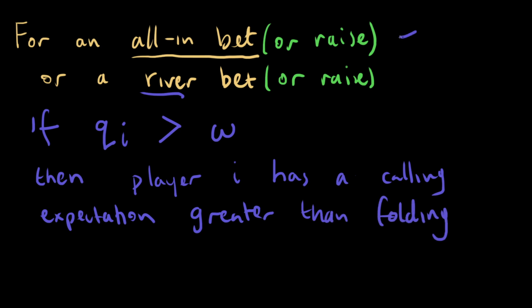Okay, so this is for an all-in bet on any street or a river bet, simply comparing the equity to the pot odds. Let's have a look at an example of this.